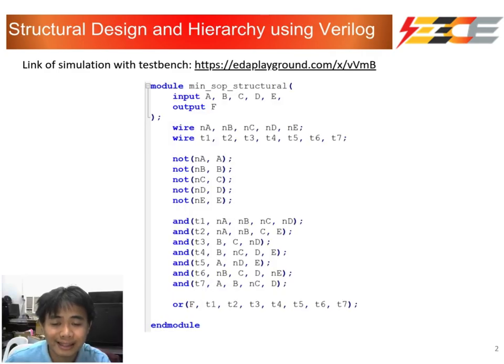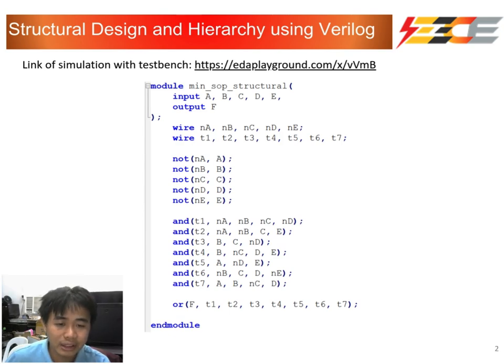Next, let's proceed to the structural design and hierarchy using Verilog. This Verilog code, as you can see in the PowerPoint, is used to implement the simplified Boolean function. Instead of using a single expression, it builds the circuit using logic gates like NOT, AND, and OR.